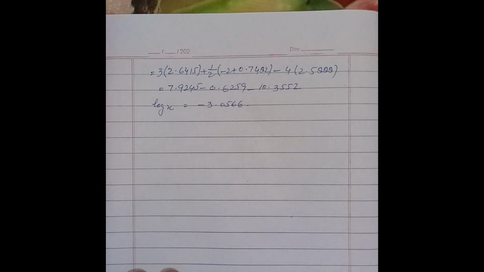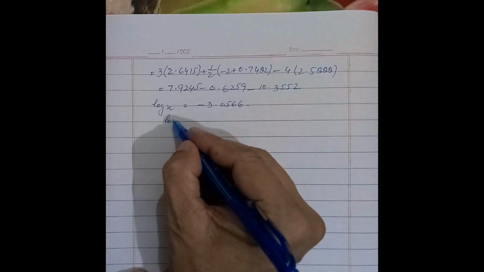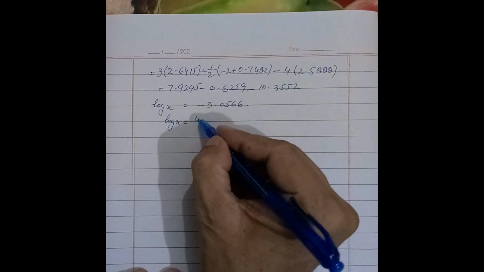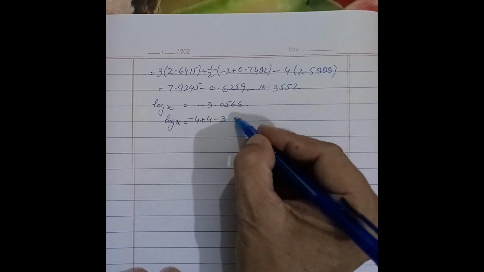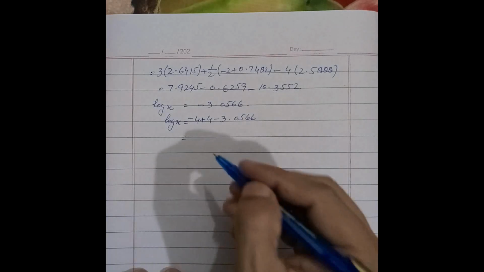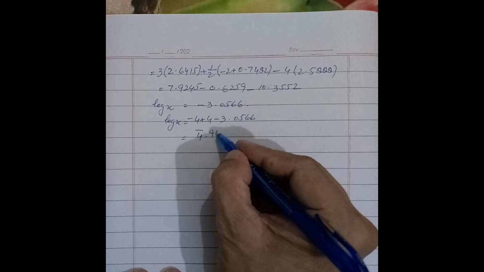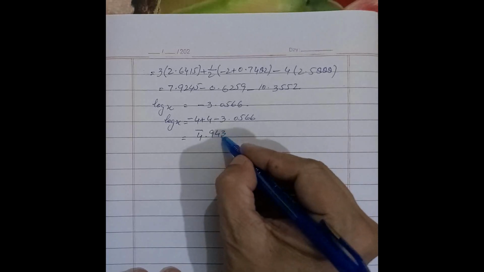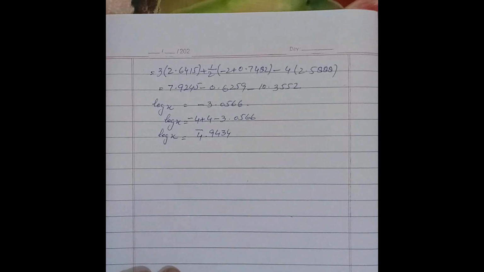And for finding the antilog, we apply the rule. It is equal to log x is equal to 4 plus 4 minus 3.0566. Simplify it, and it is equal to 4 bar 0.9434, and this value is equal to log x. And then we find the value of x, apply antilog both sides.